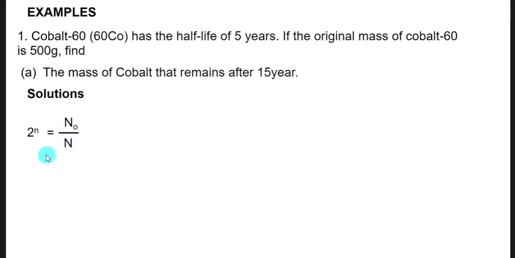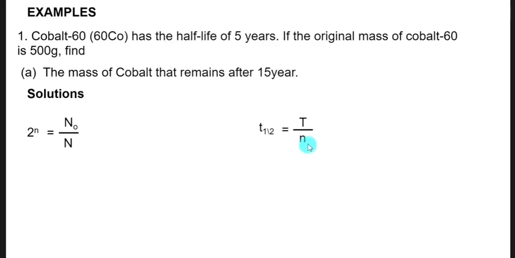However, we don't know n here. N is the number of successive half-lives that has occurred. So since we don't know n, what we are going to do is first to find n using this formula here. Half-life is equal to total time divided by number of successive half-lives.